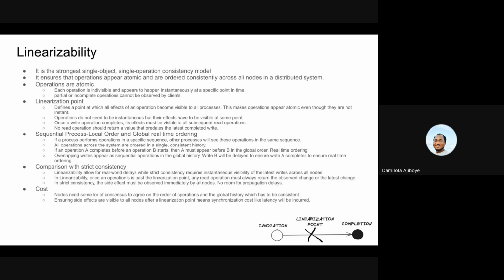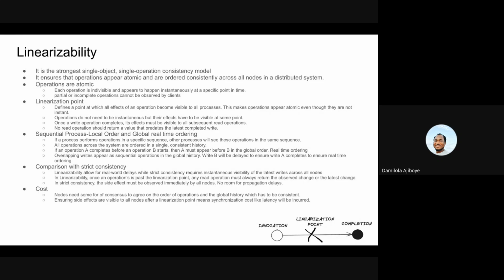So how this is achieved is you have the invocation point and the completion point, and then you have a point called the linearization point, which is here between the invocation point and the completion point. What this means is that whatever effect that operation is meant to have doesn't become visible to other processes until we cross the linearization point.